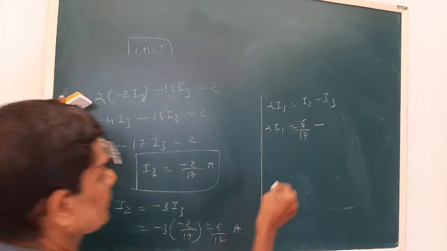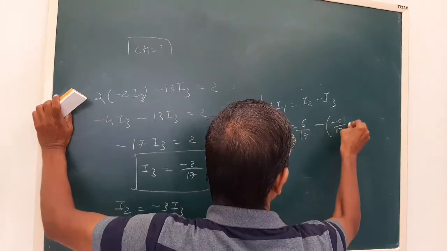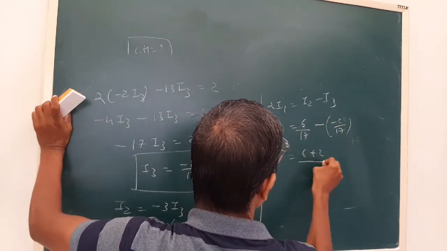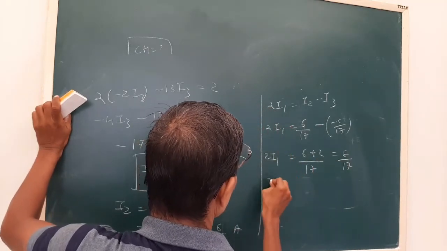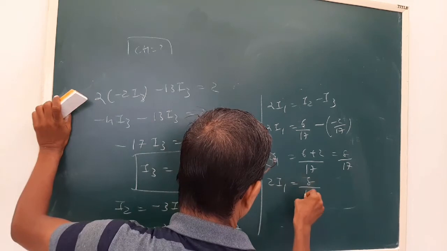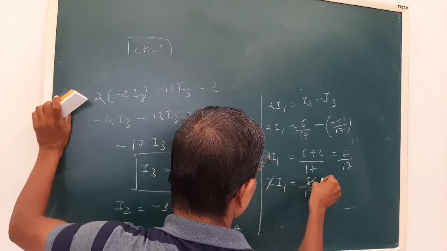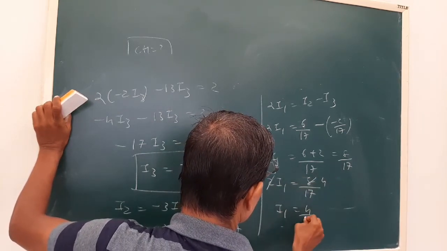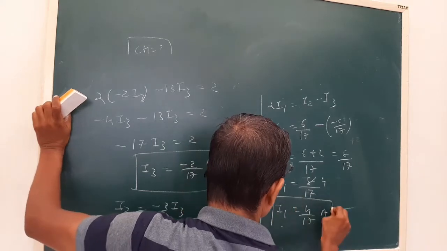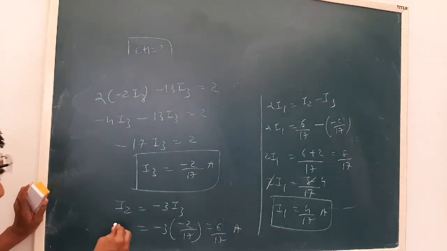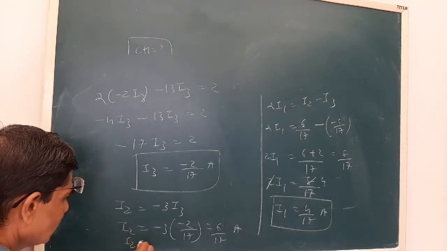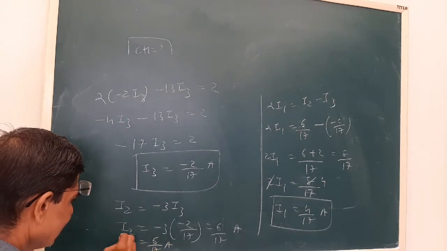I3 is minus 2 by 17, so 6 plus 2 by 17 is 8 by 17. 2I1 is 8 by 17, so I1 is 4 by 17. This is how we can obtain it. Our I2 also we have obtained as 6 by 17 ampere.